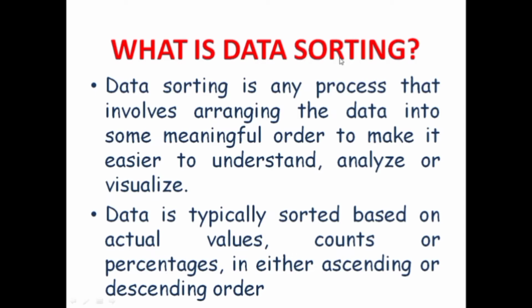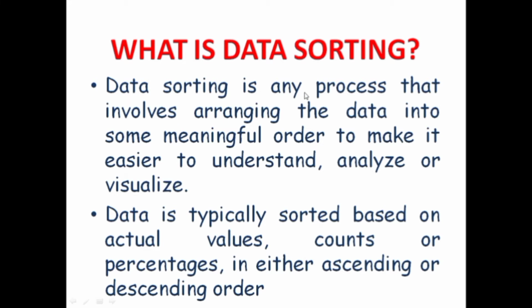Now the next is, what is data sorting? Data sorting means to arrange the data in a particular format, or sorting is the process of rearranging the records on the basis of a particular field's values, either in ascending or in descending order. Here ascending means A to Z format and descending means Z to A format.